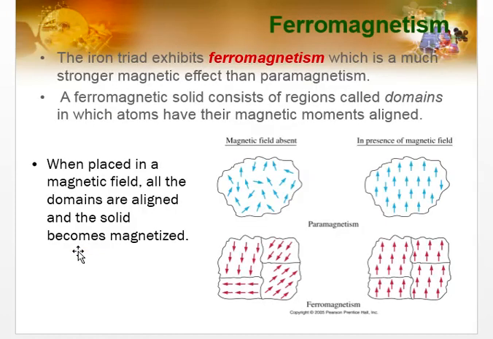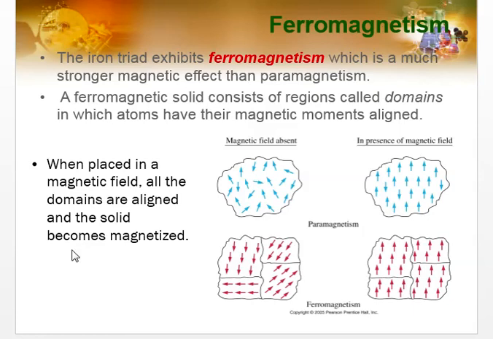Ferromagnetism. What is ferromagnetism? The iron triad exhibits ferromagnetism, which is a much stronger magnetic effect than paramagnetism. A ferromagnetic solid consists of regions called domains, in which atoms have their magnetic moments aligned.